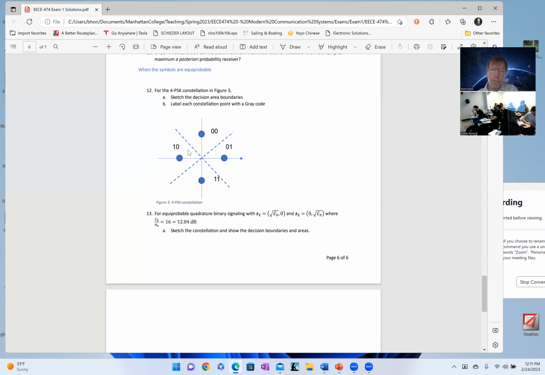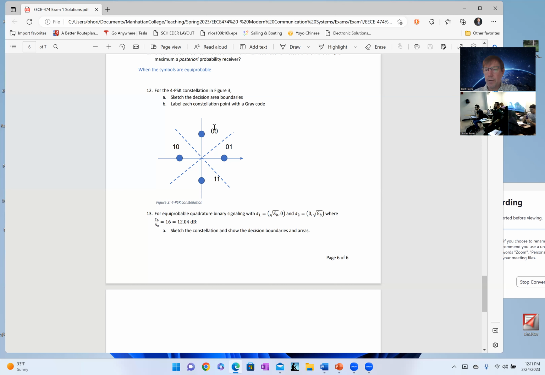So if we're going to make an error, we'd like to make the smallest error possible, right? So that's why we use a gray code. If we mistakenly pick the nearest neighbor, then we know that we're only one bit off rather than being more than that.